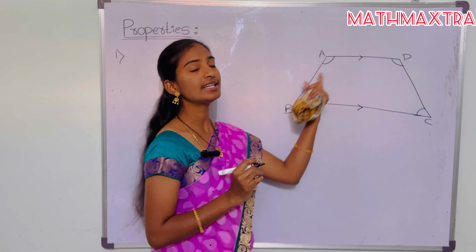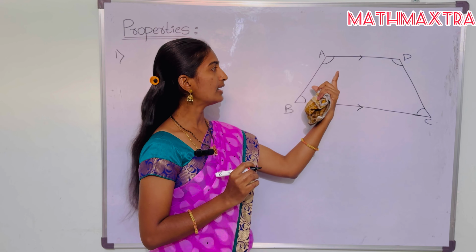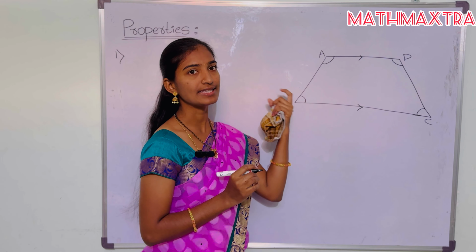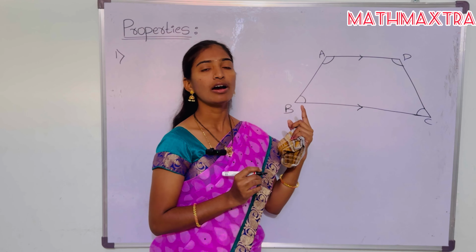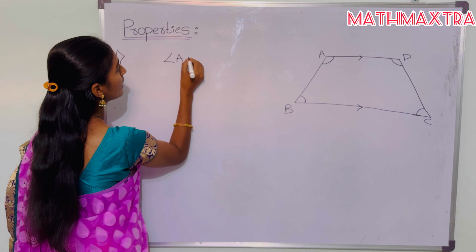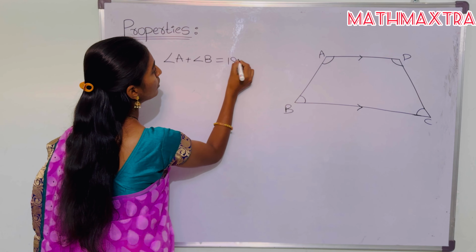The adjacent angles, which are nothing but adjacent angles, right? The adjacent angles which have a non-parallel side as a common arm are always supplementary, which means angle A plus angle B is equal to 180 degrees.